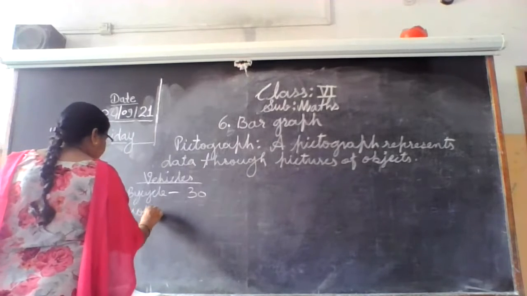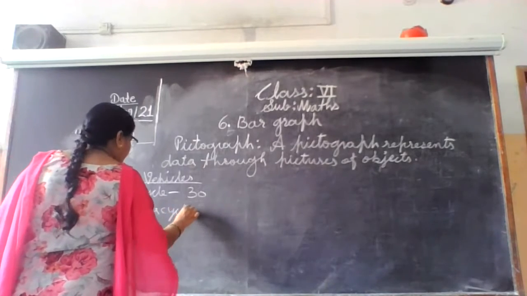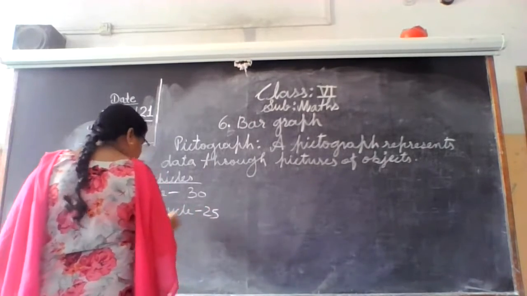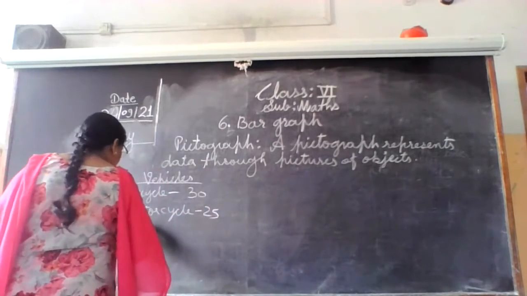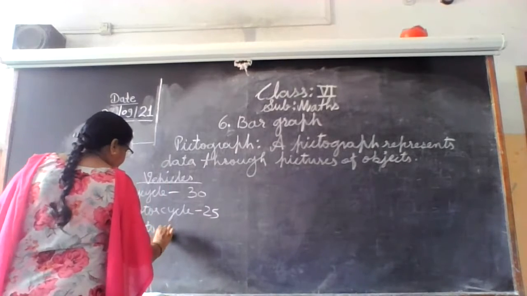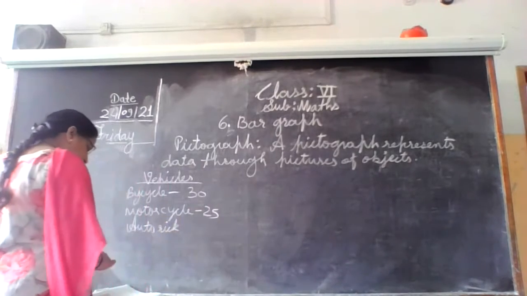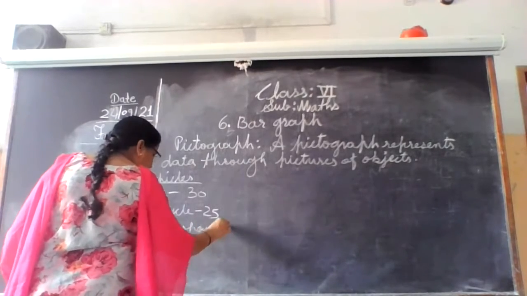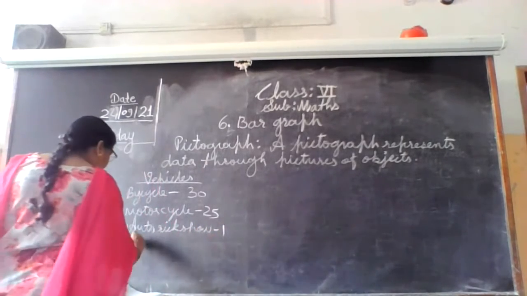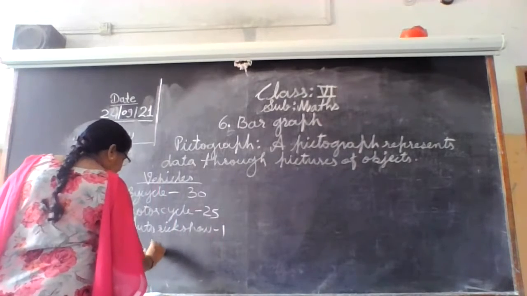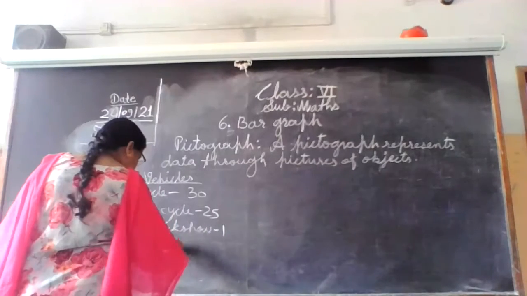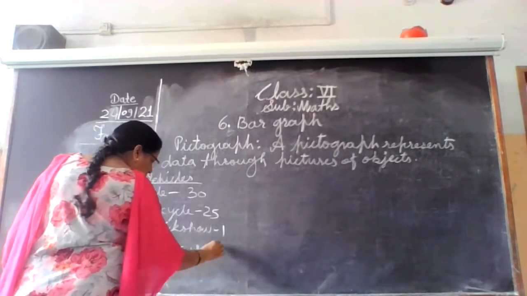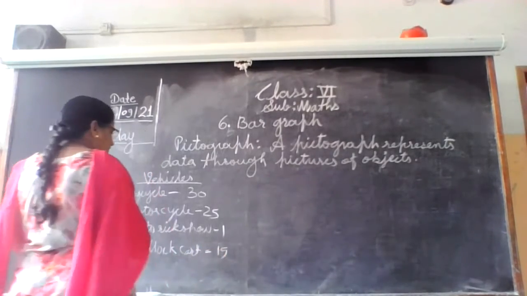Motorcycle, number of motorcycles is 25. Auto rickshaw is 5. The car is 15.